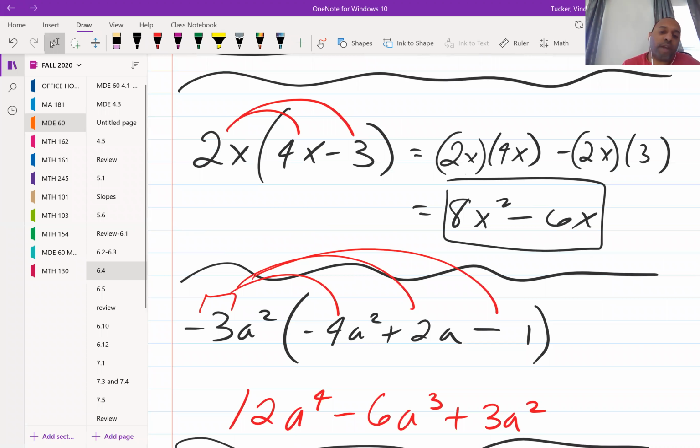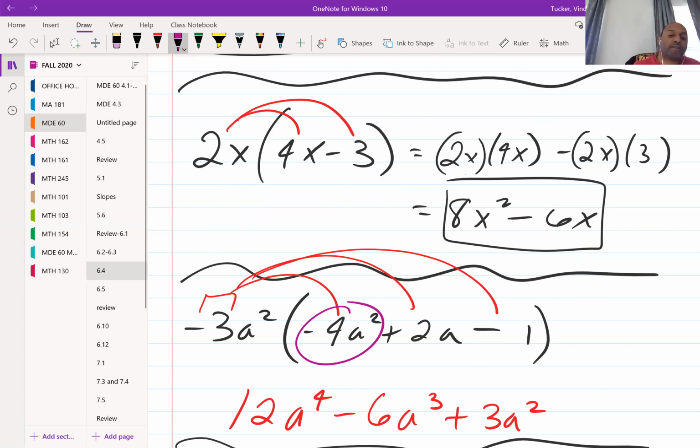So if I have negative 3a squared, multiplying that times negative 4a squared plus 2a minus 1, I would do that same distribution process. Negative 3a squared times negative 4a squared. So negative 3 times negative 4 is a positive 12.